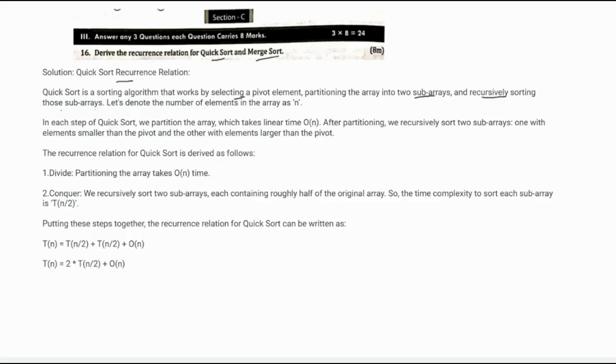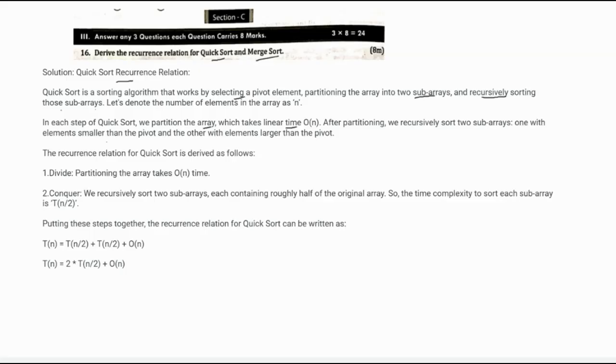Now, in each step of quick sort, we partition the array, which takes linear time, O of n. After partitioning, we recursively sort two sub-arrays, one with the elements smaller than the pivot and the other with the elements larger than the pivot.